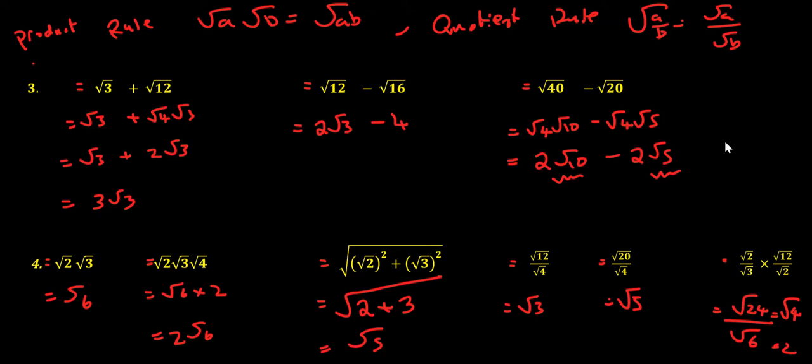Or we can use some algebra and say, well, the root of 12 over the root of 3, well, that just gives the root of 4, which is just simply 2.